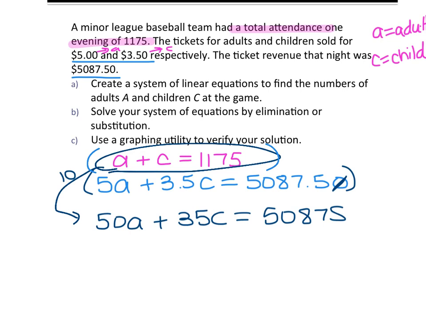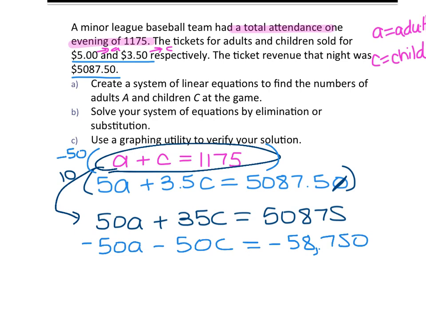Now, if I want to cancel this with one of these, I'm going to multiply the first equation by negative 50. Negative 50A minus 50C, and then 50 times 1175 would be negative 58,750. Now when I add these, the A terms are going to cancel. I get negative 15C.